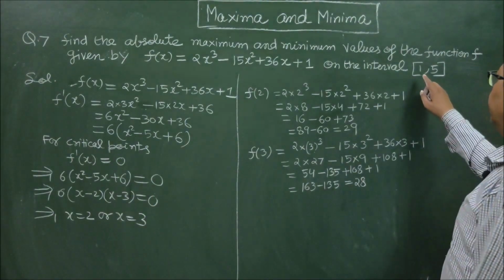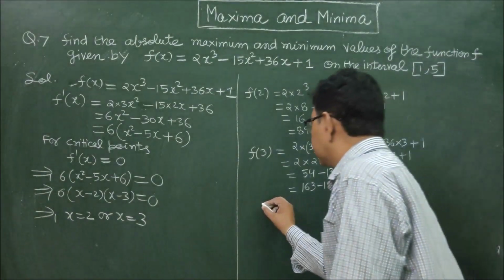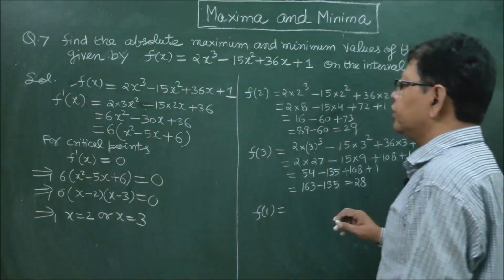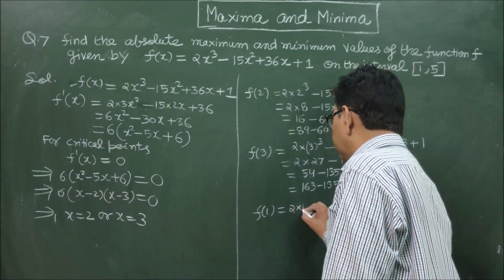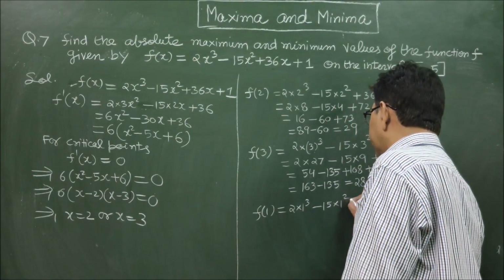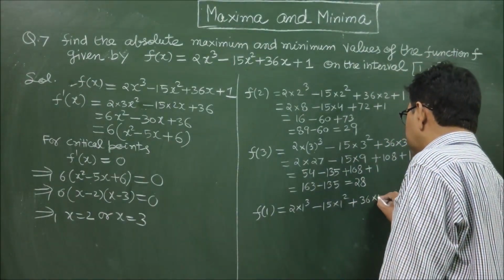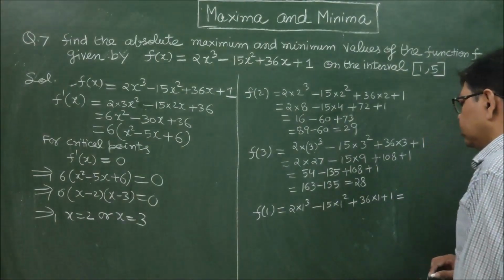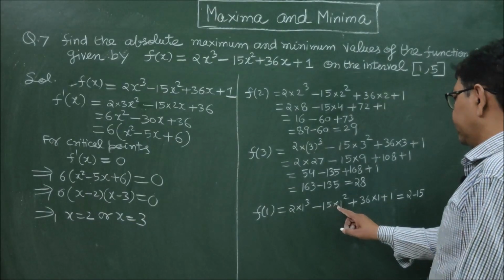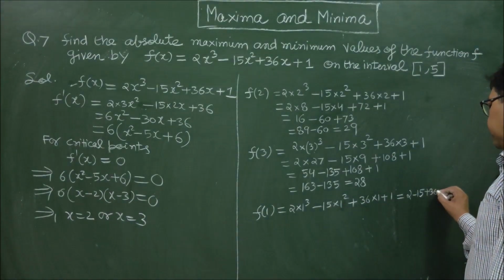Now let us find the value of the function at the end points of the closed interval. f(1) is equal to 2 into 1³ − 15 into 1² + 36 into 1 + 1, which is equal to 2 − 15 + 36 + 1.